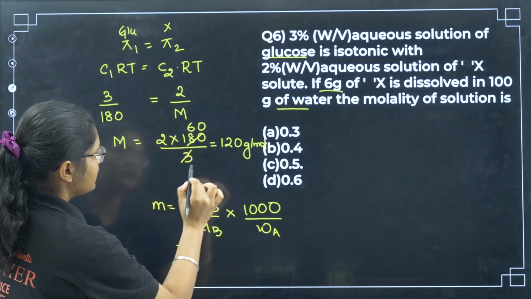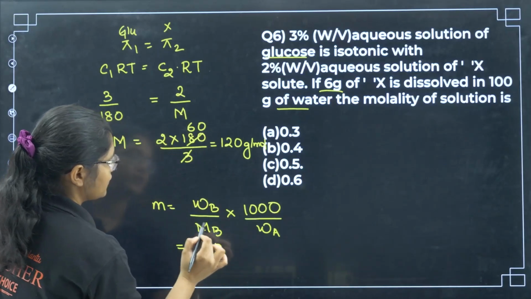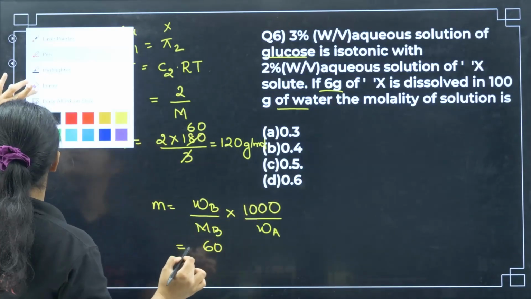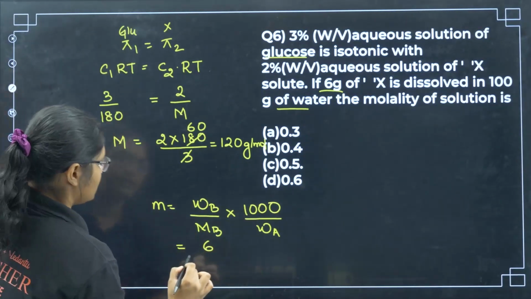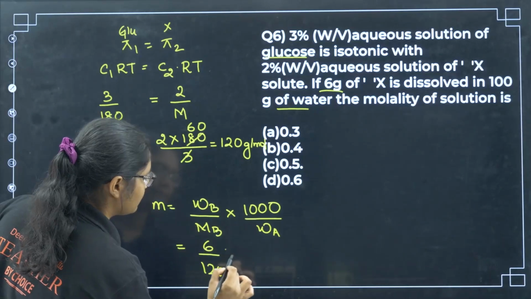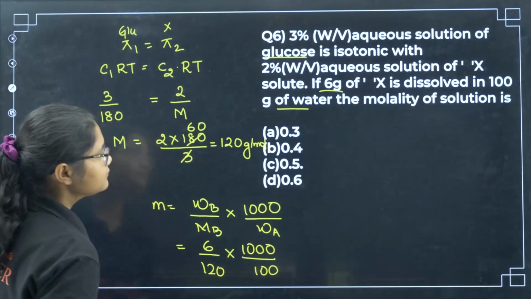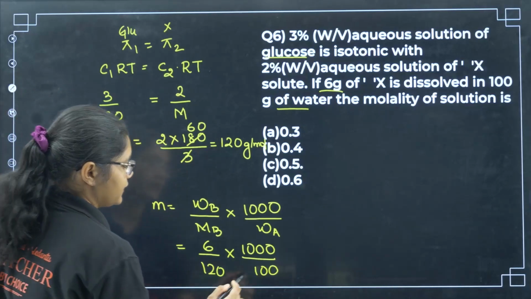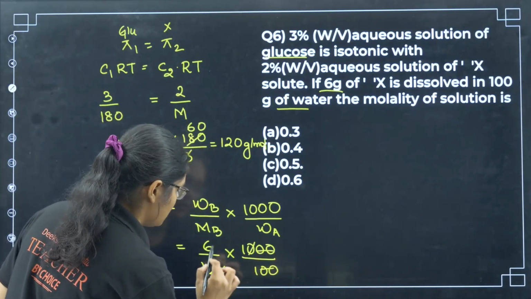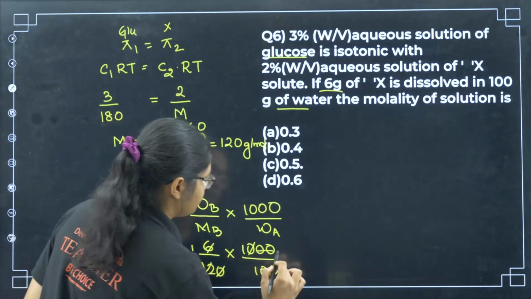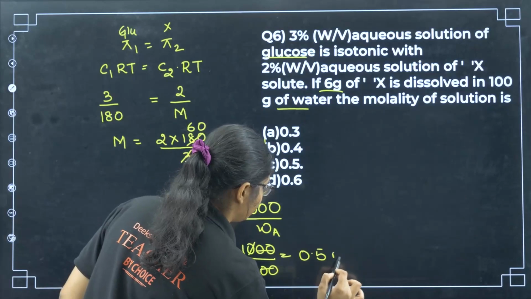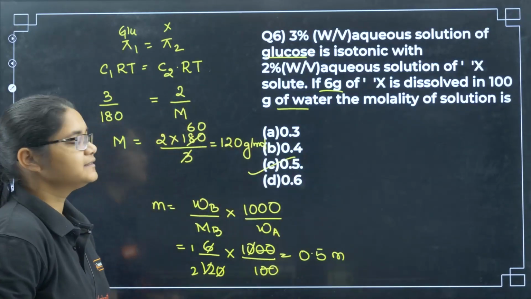So I have here 6 grams divided by 120 into 1000 by 100. 100 gram of water is taken, right? So you can just cancel this, 1 by 2, that is 0.5. So I will get 0.5 molal, option number C here.